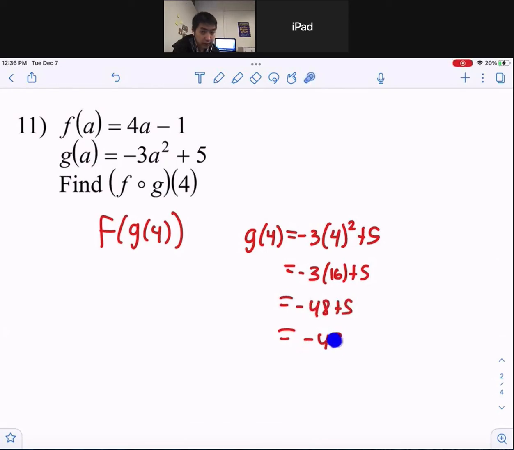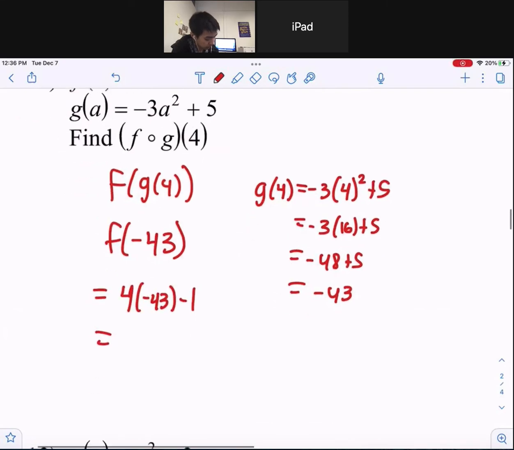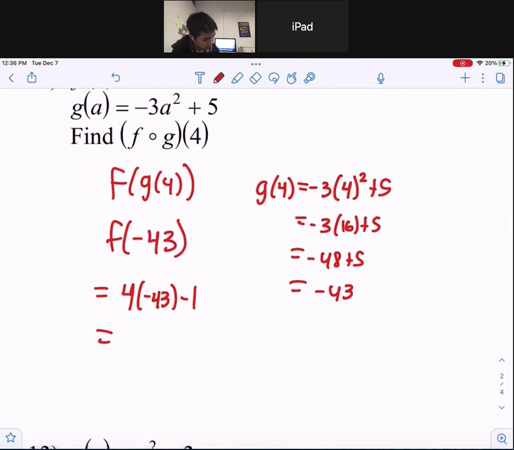Now take this negative 43 and replace it with the g of 4. And now solve for this. So plug in negative 43 into your f function. 4 times negative 43 minus 1, which is negative 172 minus 1, which is negative 173.